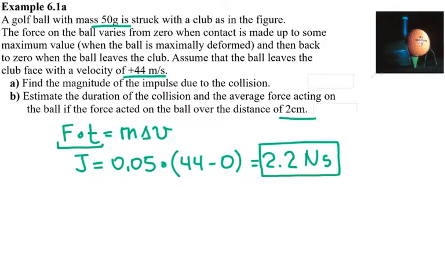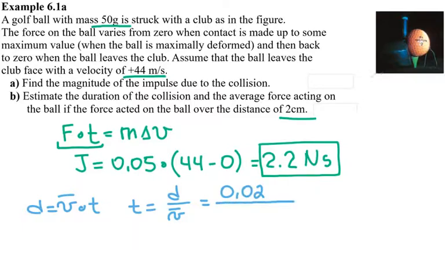And then estimate the duration of the collision if it happened over the distance of 2 centimeters. So I know that the distance is equal to average velocity times the time, and the time is equal to the distance over the average velocity. The distance is 2 centimeters. Centi means 10 to the negative 2, so I have to move the decimal 2 positions back.